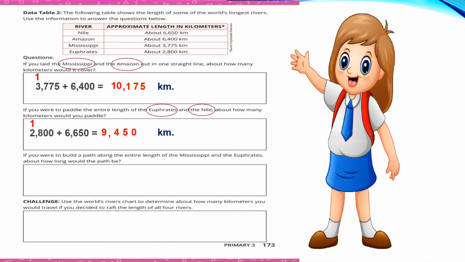Take their length from the table up, Mississippi and Euphrates, like this, and get their sum. It will be 6,575.